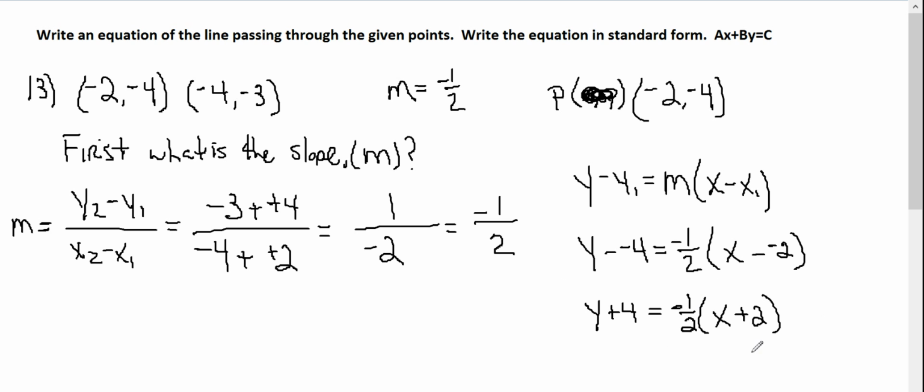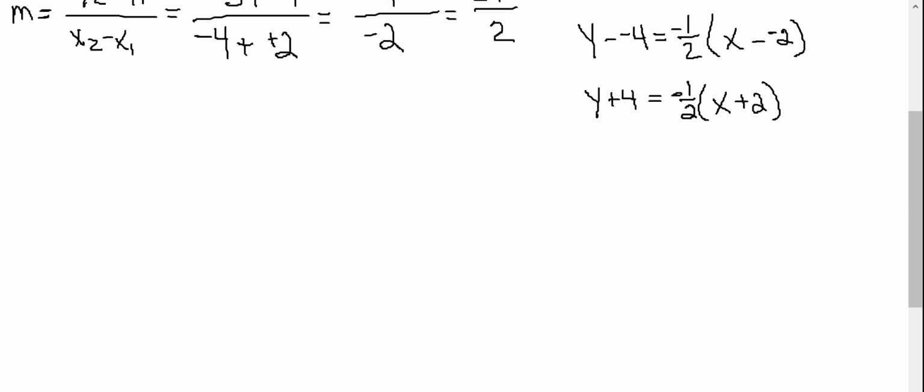I like what I see here, so now I'm going to solve for y. If I solve for y, y plus 4 equals, now I'm going to do the distributive property here, and I'm going to have negative 1 over 2x, that's what this multiplication is, and then negative 1/2 times 2 is negative 1.